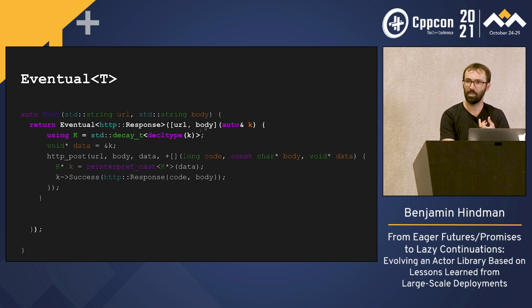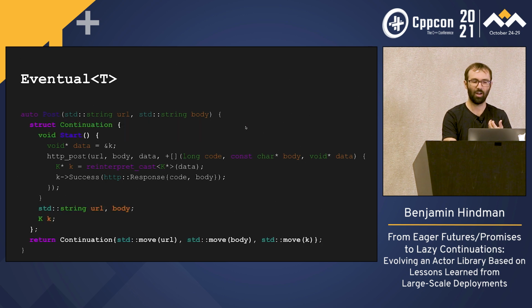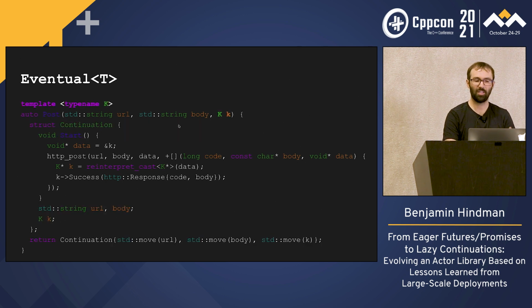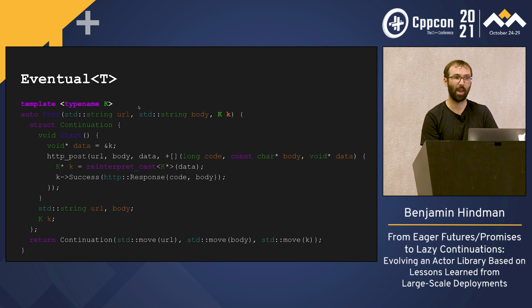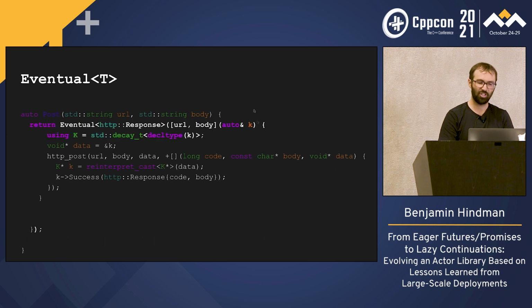It takes the lambda that you're actually going to execute when this eventual gets started, and what we pass to you is your continuation. Another way of saying this is basically a continuation passing style way of writing code, which a lot of people don't find to be an easy thing to do. So maybe we can abstract some of that and just put the continuation K here.